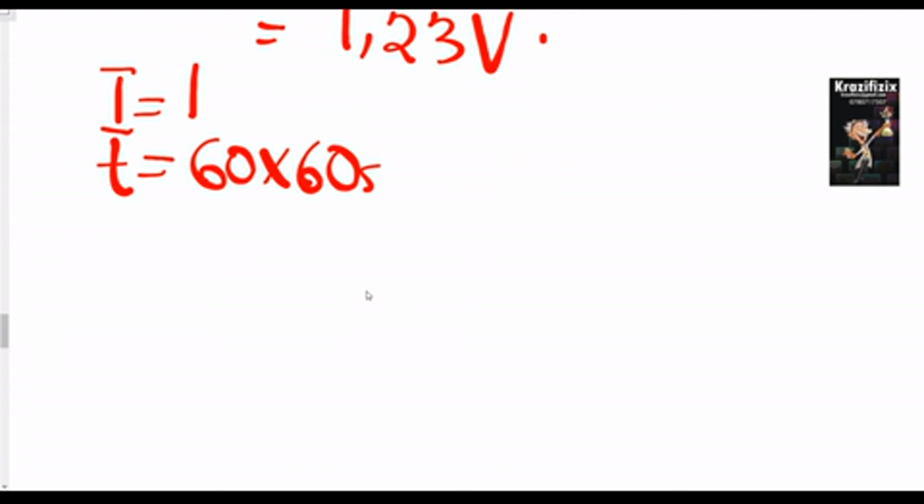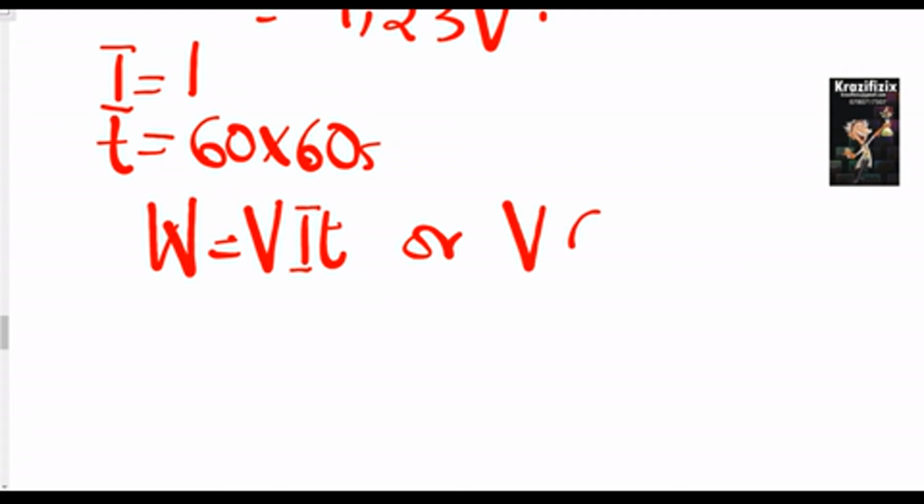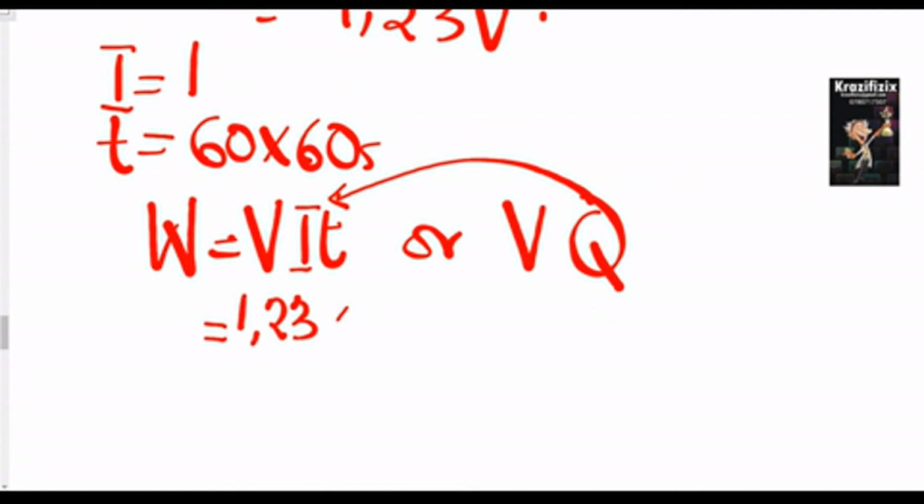Again, this is a physics formula where we know that W is equal to V I T, or V Q. Remember, our Q is I T. We have our V as 1.23, we have our I as 1 and we have our time.